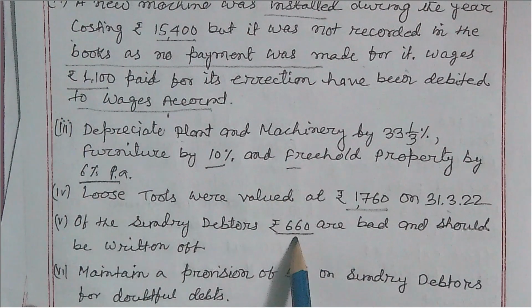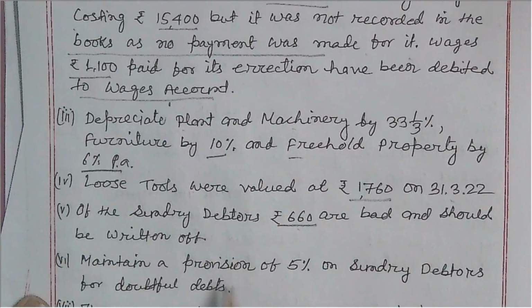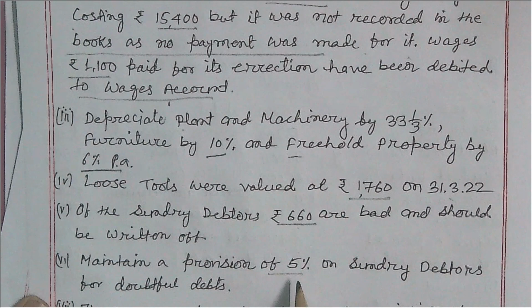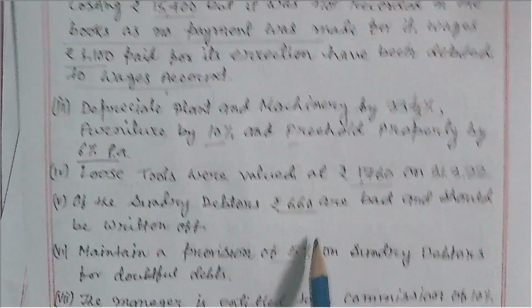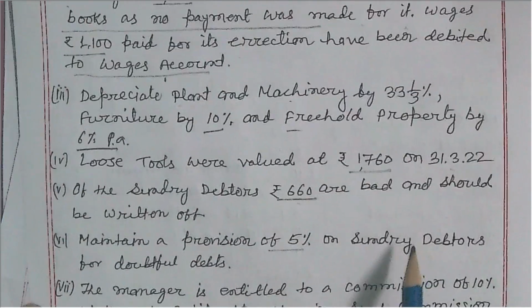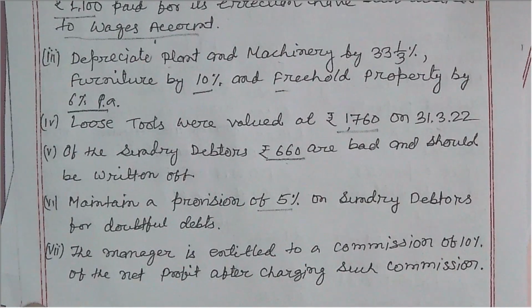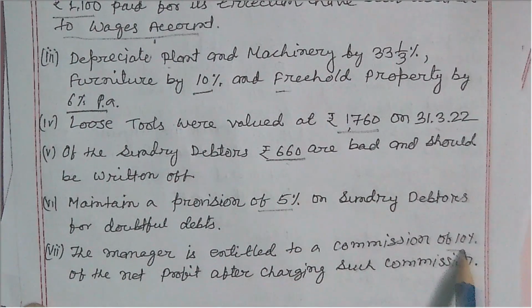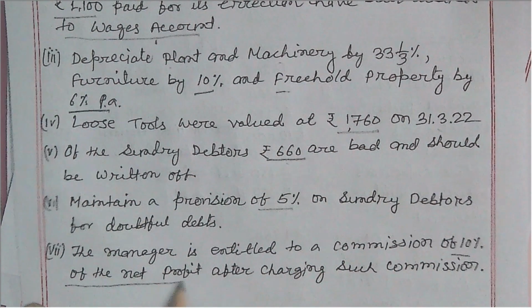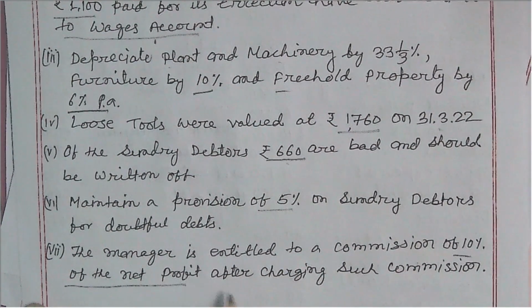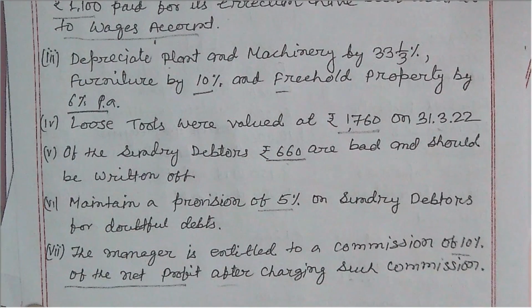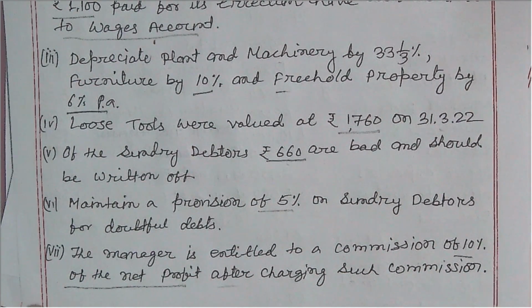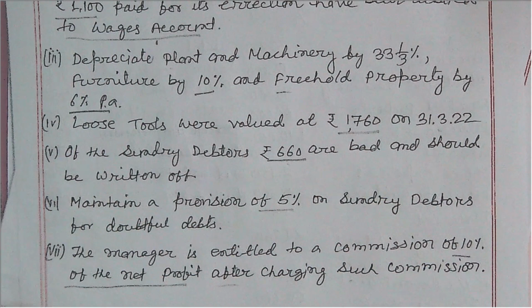This is the new bad debts, further bad debts, and maintain a provision of 5% on sundry debtors for doubtful debts. And the last adjustment: the manager is entitled to a commission of 10% of the net profit after charging such commission. So this is the question of final account.